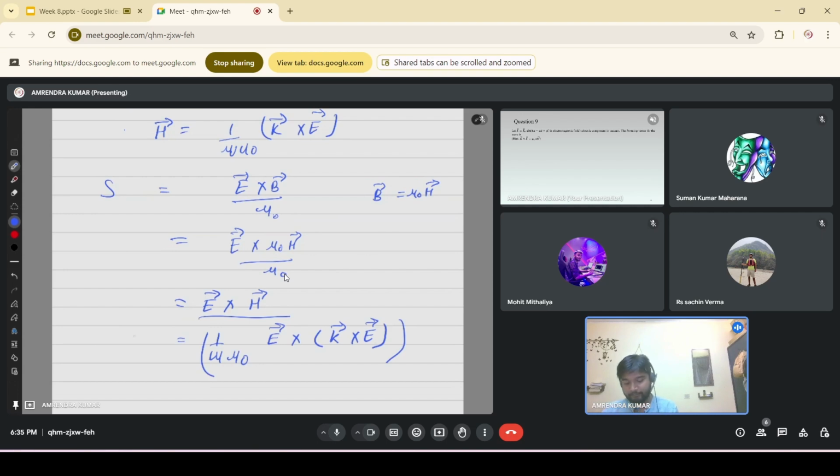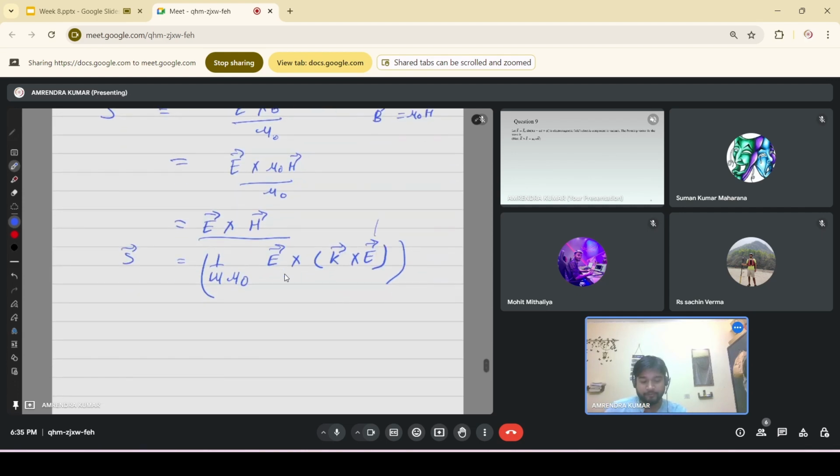Now this is the Poynting vector. We also have to know what the components of E are, and then we can calculate H, k cross E. After calculating that, we again calculate the E cross of that vector, and we get the Poynting vector direction.